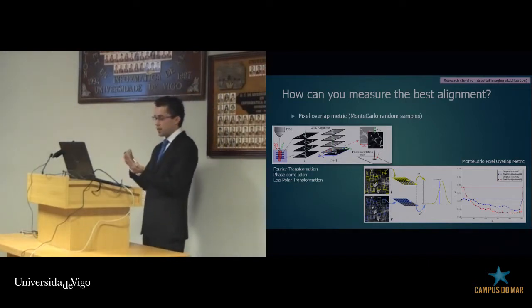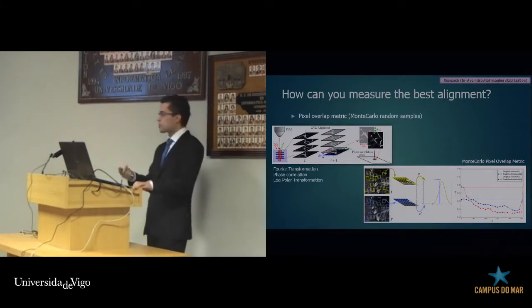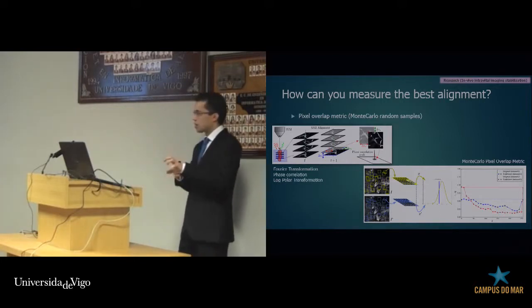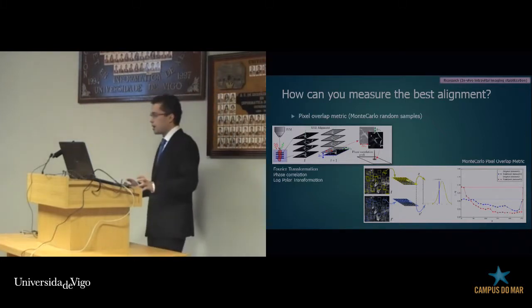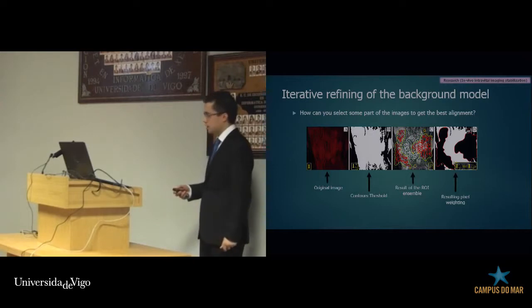When you have the best displacement corrected, you are going to obtain very good results with this pixel overlap metric, because you are comparing different random samples in the same position in this image and in the next one, and the matching is really good. So with this technique, we can measure the alignment.